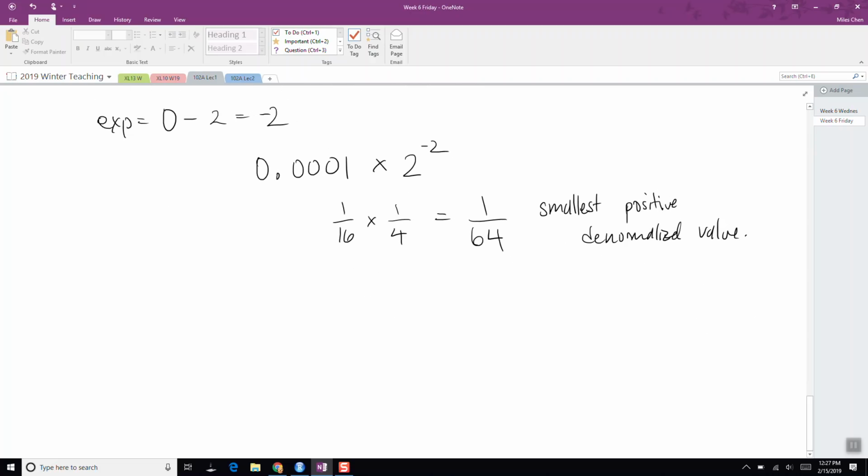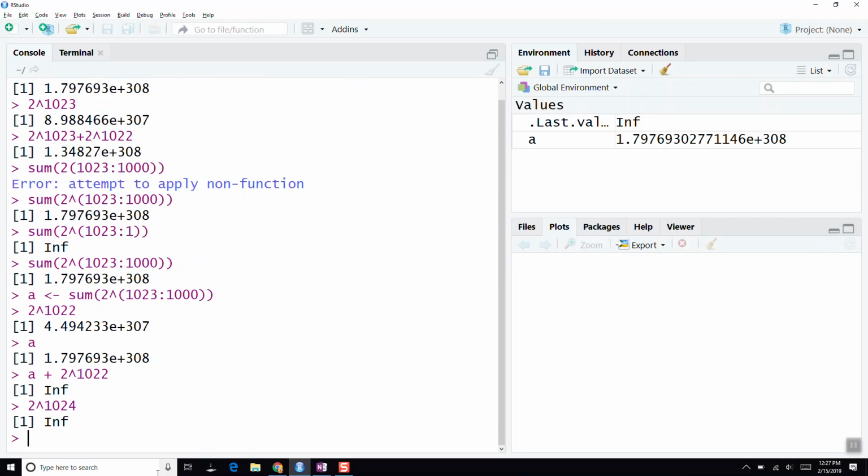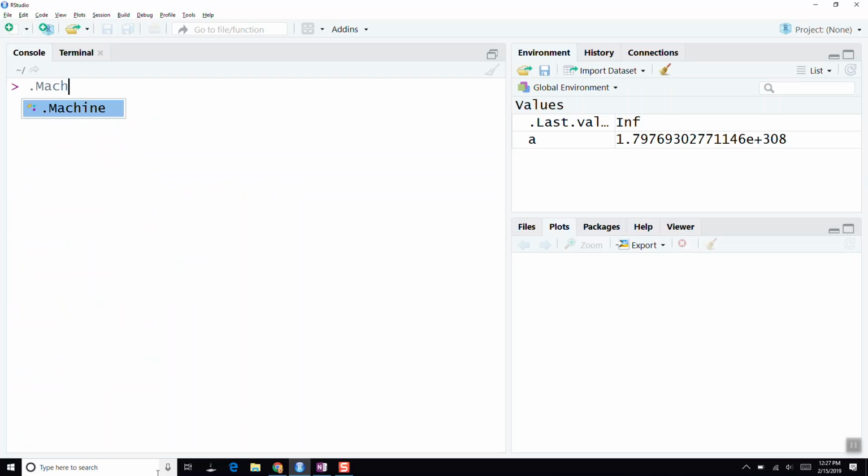Okay, and this will be your dot machine Xmin. So this is the smallest possible value I can represent on the computer. So for double Xmin, it's on the order of 10 to the negative 308.